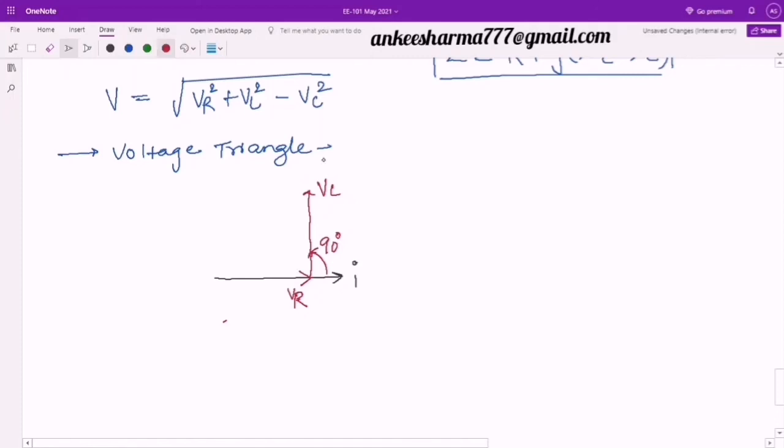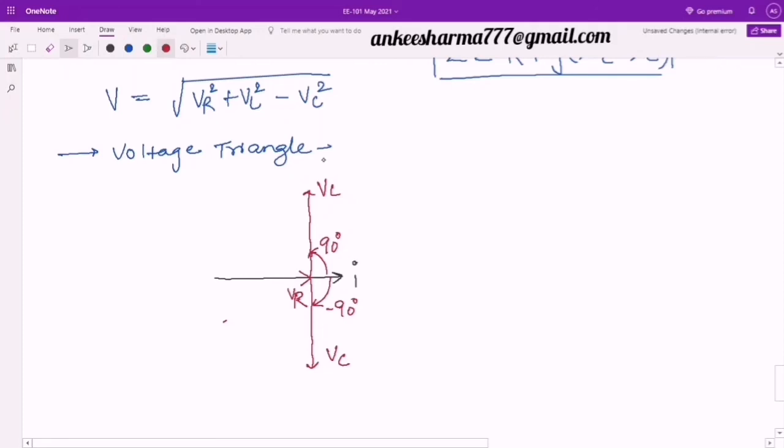Then second is the VC. VC is minus 90 degree. It means minus 90 degree simply says it is in the clockwise direction, and you will see that this is the clockwise direction. So I will get here minus 90 degrees, and this is VC. So I got here three values: VR, VL and VC. But look here, the VL is in the positive side and VC is in the negative side.